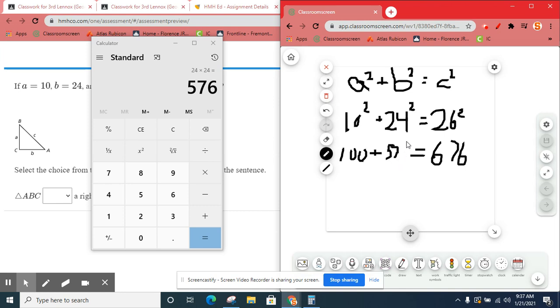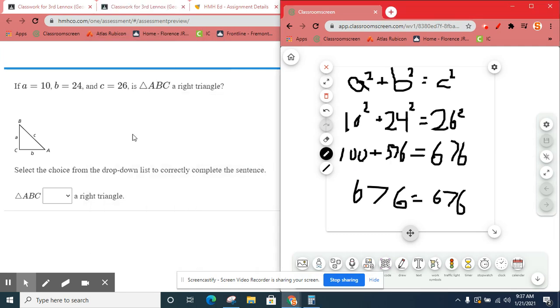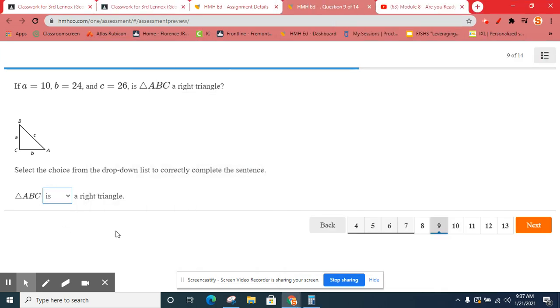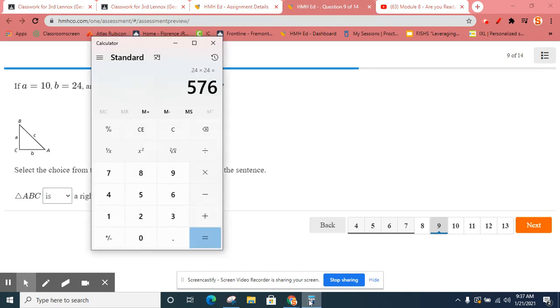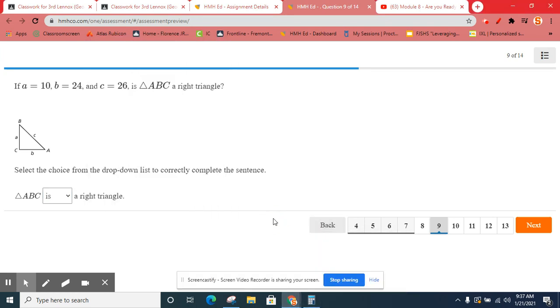So if these add together and equal 676, which they do, you get 676 equals 676. So if we plug all those in, we get a true statement, then this must be a right triangle. Now, if we got something different on each side of the equation, well, then that would not be a right triangle.